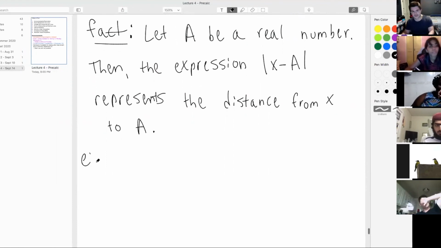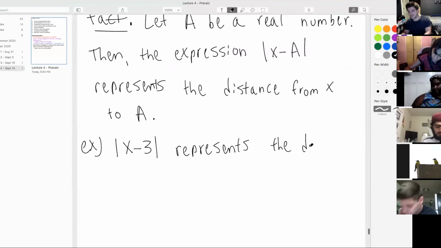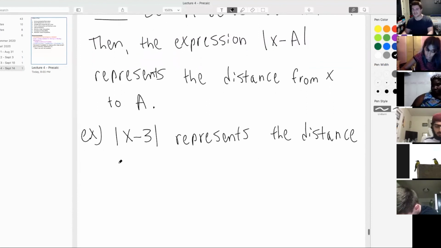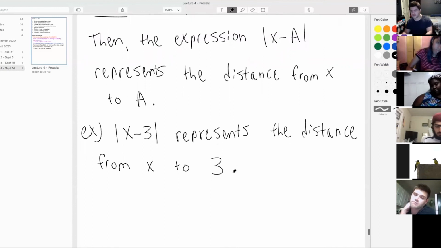All right, so let's look at an example. So the expression absolute value of x minus 3 represents some distance. Okay, so that's how you should think of this. It represents the distance from x to +3. Okay, and x here is any number of our choosing. So let's actually plug in something here.